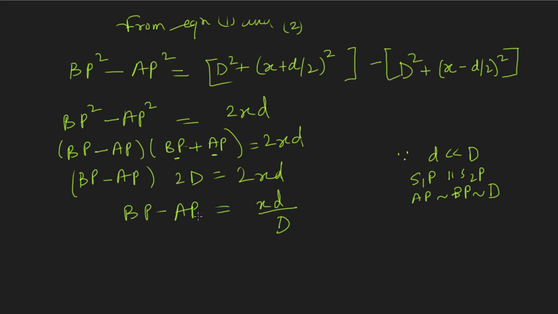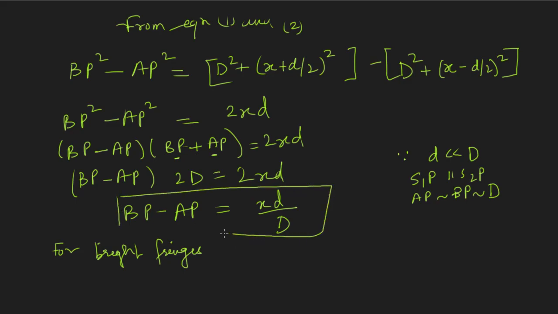Now, for constructive interference, or bright fringes, this is my general equation. For bright fringes, the path difference is n lambda.